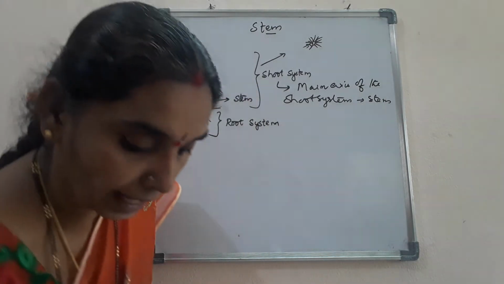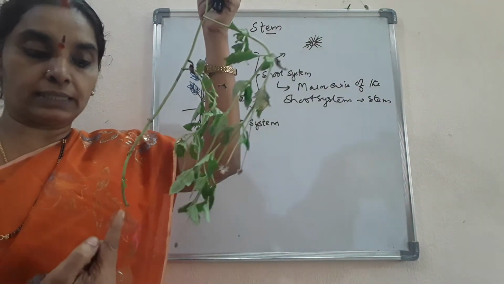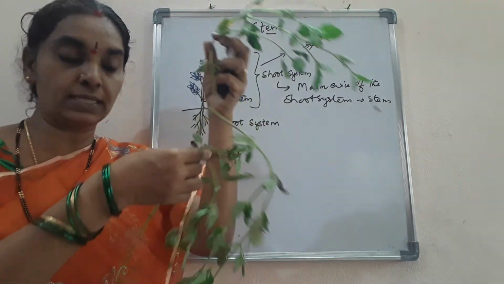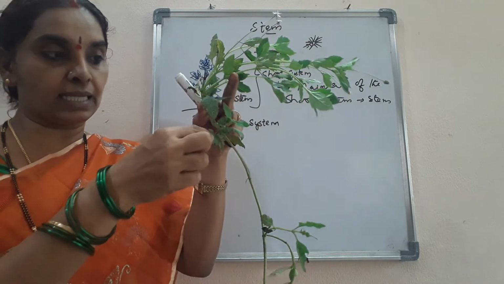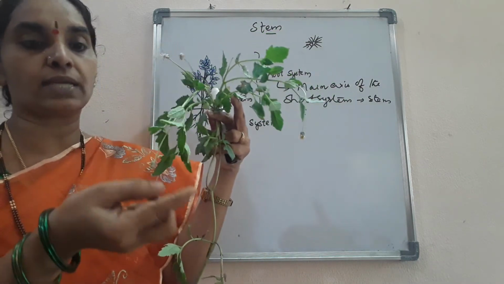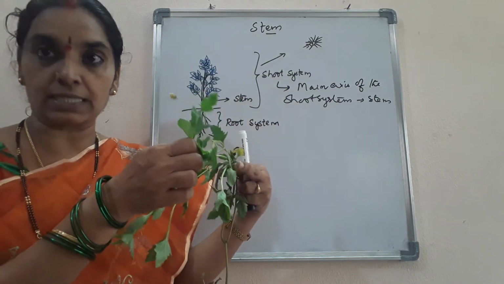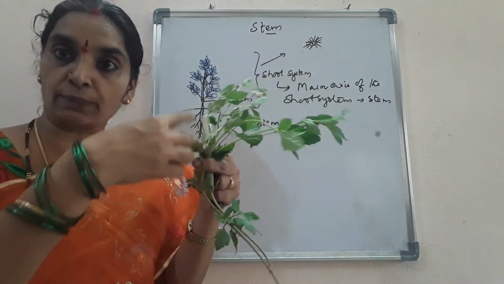If you take the plant here, this is a tridax plant I am showing you. It contains the roots. Normally you can see the roots below the soil. This is the stem. It contains the leaves and branches, and also the buds and flowers arranged over them. So this forms the shoot system of the plant.